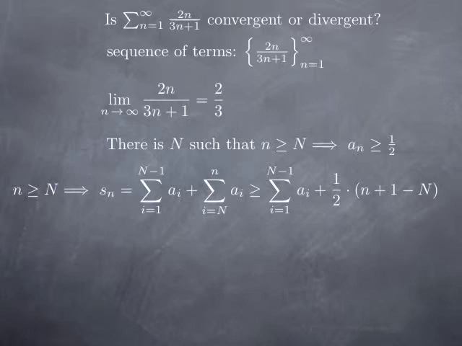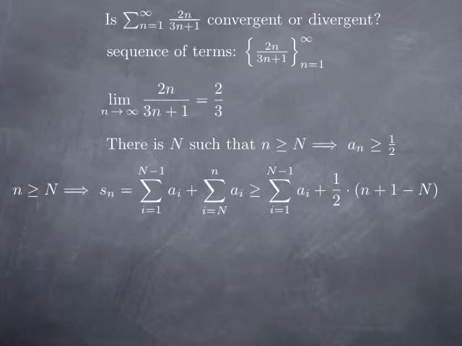So I have this sum of a_i's where each one of the a_i is greater or equal to 1/2, and I add n plus 1 minus capital N terms. Each one of them is at least 1/2.